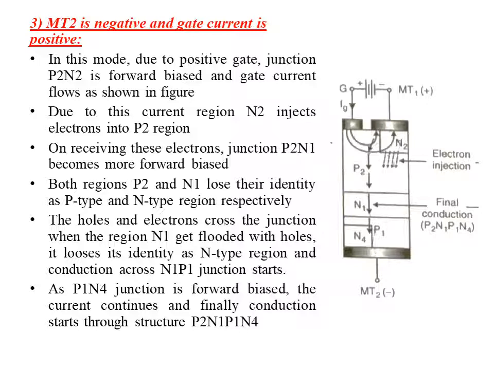So when MT2 is negative and gate current is positive, the current flows from MT1 to MT2. The electrons from N2 penetrate into P2, from P2 into N1, from N1 into P1, and from P1 into N4. Thus the conduction of the structure starts from P2, N1, P1, N4 as shown in the figure on the right hand side.